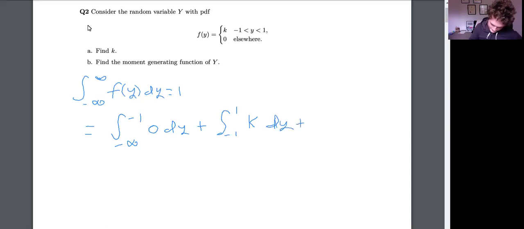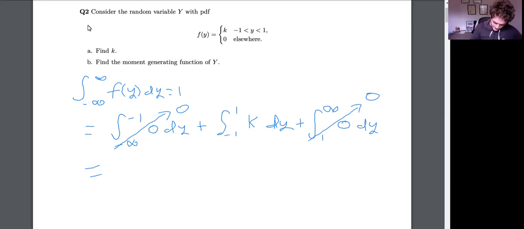And then from 1 up to infinity again, it takes the value 0. Okay. So clearly, these are easily seen to be 0, and we're just left with the bit in the middle.